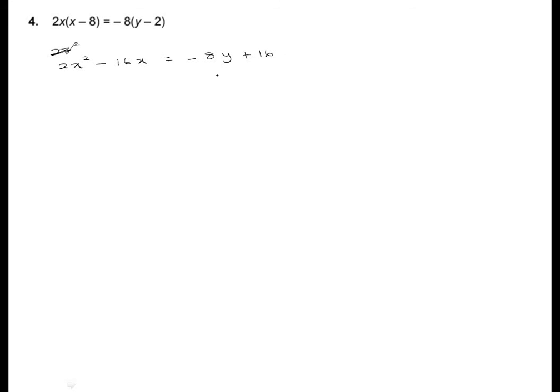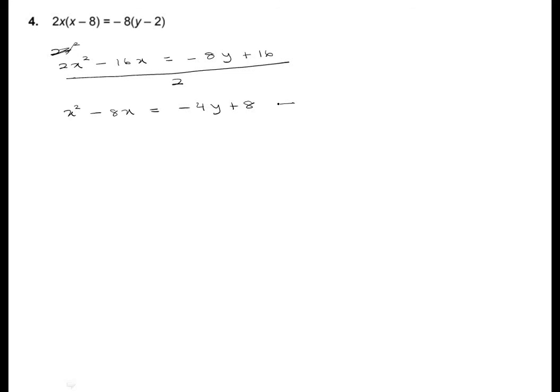To perform completing the square, number one, we have to make sure the coefficient for the squared variable is 1. So from this equation, it is 2, so we must divide the whole equation by 2. So we get x squared minus 8x equals negative 4y plus 8. And then we can proceed to do completing the square.